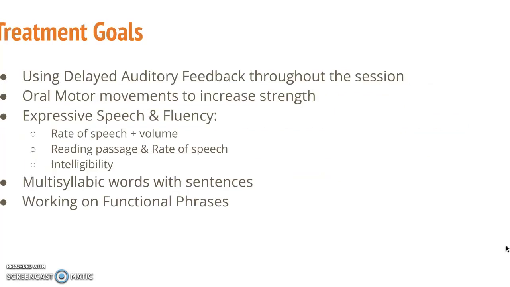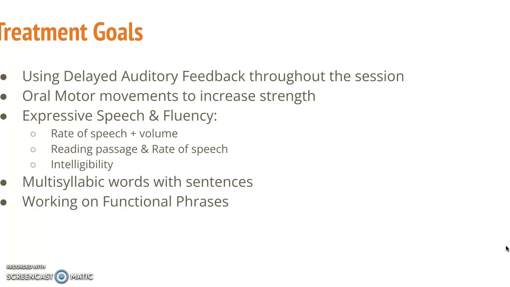Some of DP's treatment goals that we utilize to carry these goals into the session are that we have DP utilize delayed auditory feedback throughout the session. Therefore, DP utilizes headphones and is able to hear his voice throughout the session as he speaks.